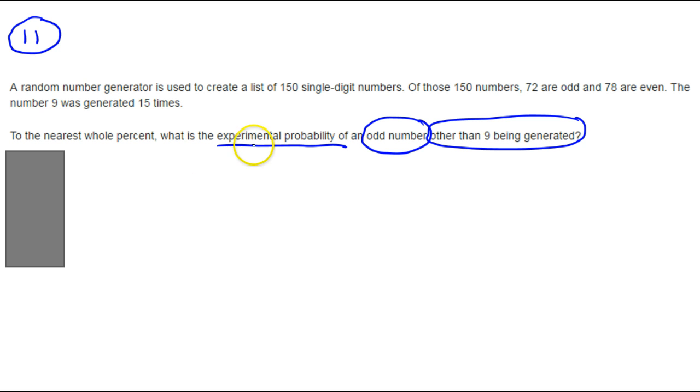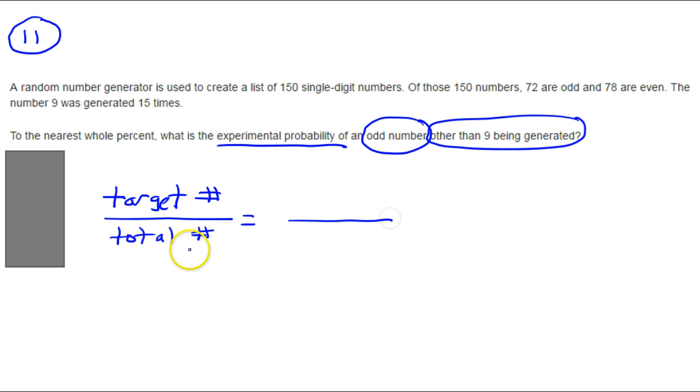Okay, so the experimental probability is going to be the target number of outcomes in the experiment divided by the total number of outcomes in this experiment. We're talking about 150 single-digit numbers, so the total number of outcomes is 150.